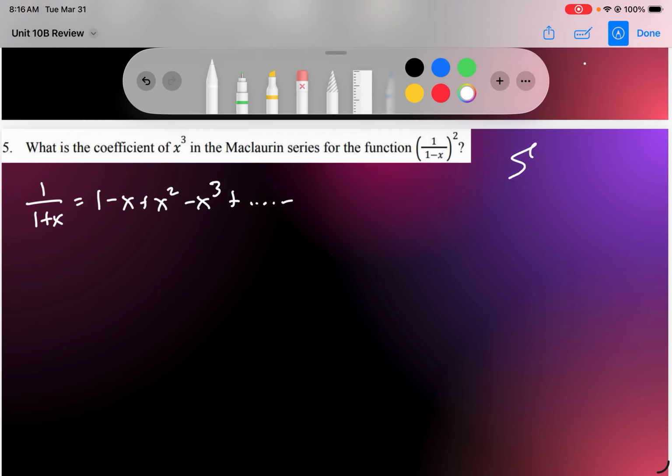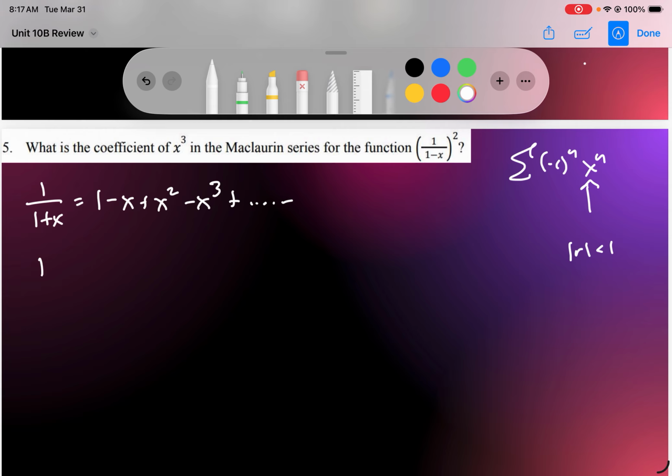The general form is alternating, x to the n. And if the absolute value of x is between 1 and negative 1, so that x number is basically your r number in the geometric series, if the absolute value of that number is less than 1, then it converges. Just for fun. I don't know why I told you that.